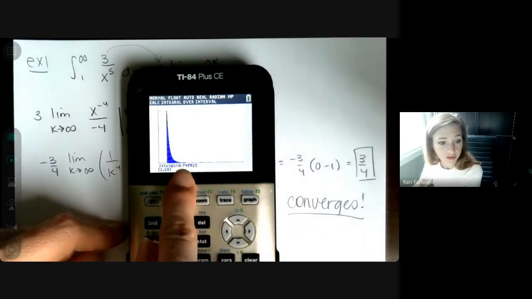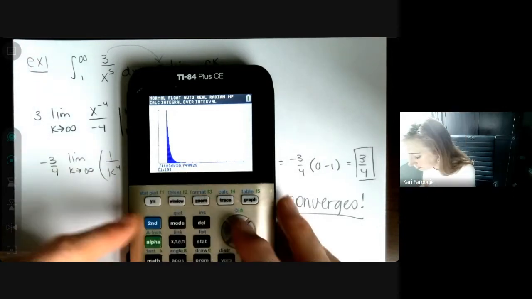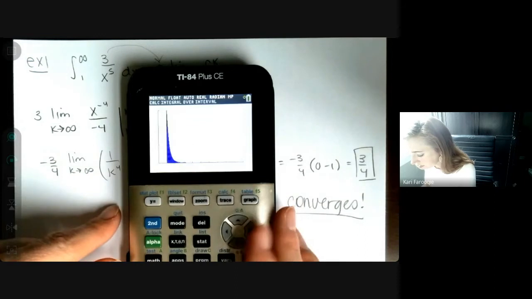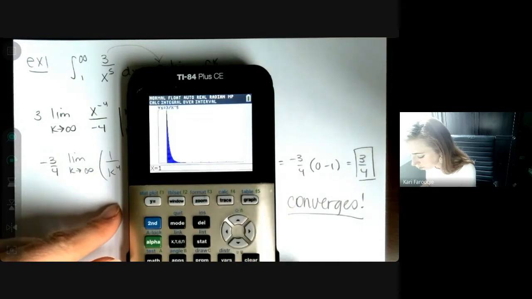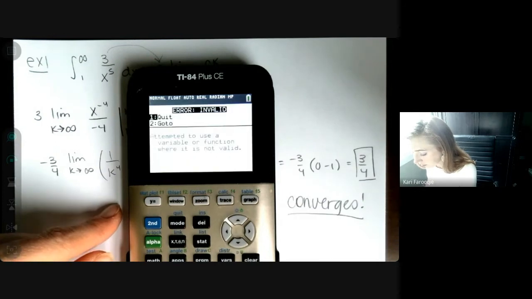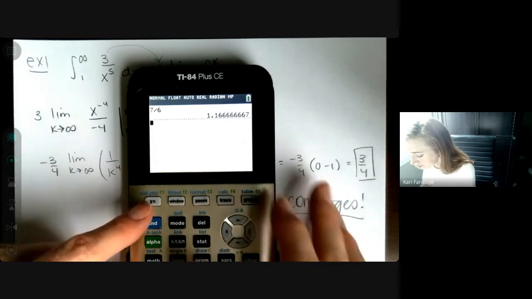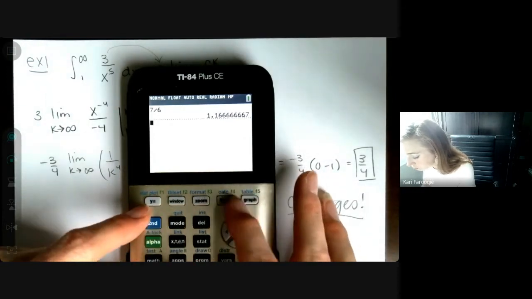You get 0.749. And as you continue to increase this value, let's say you did it again, second calculate, number 7, a lower limit of 1, an upper limit of, let's say, 100, it won't even do it. Wonder why. Maybe it's like too much for the calculator.